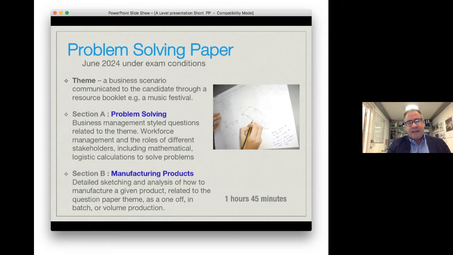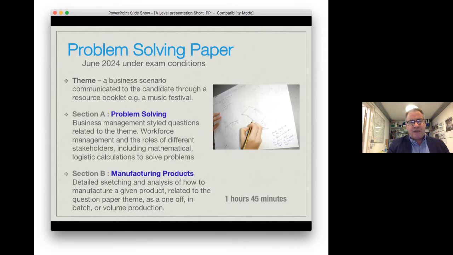We're treating it as a designer in a professional scenario where you are given a theme, like a music festival, and obviously you're going to be asked during the paper to think about product design and solving problems as a product designer, but you very much have to fit in with the rest of the stakeholders, the team, whether it be the council or the event managers or health and safety, or could be the ambulance service, police service.